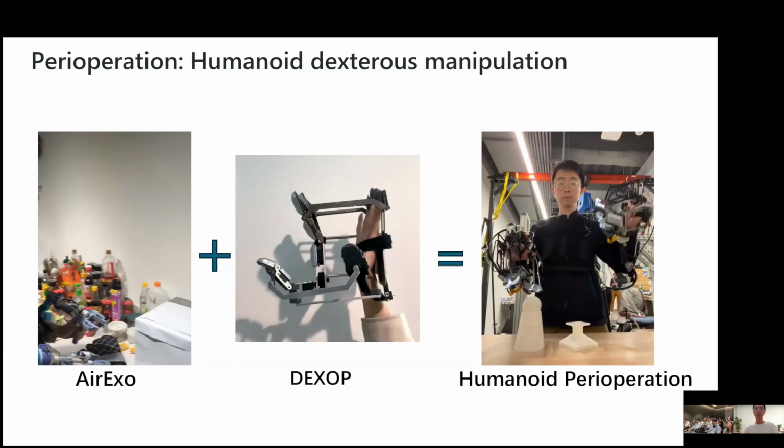And as a result, there are not many linkages here, so nothing will block the movement of your hand. And you can adapt to different humans' finger lengths easily. We actually tried with different human subjects, and we found it very easy to wear for different humans.